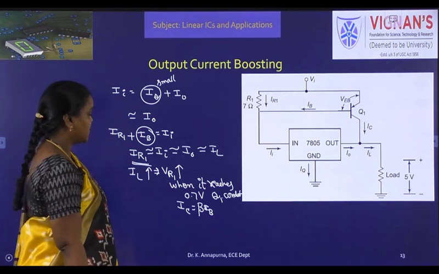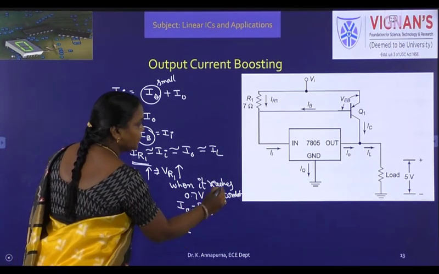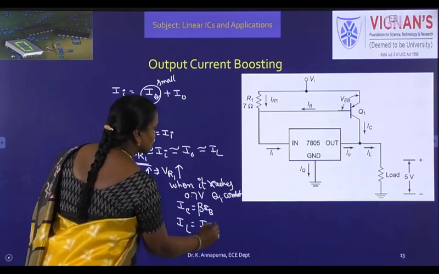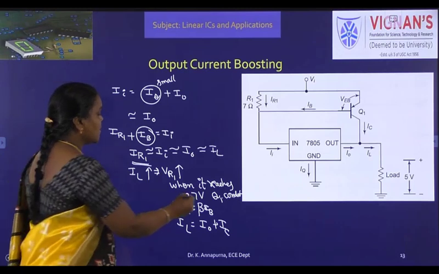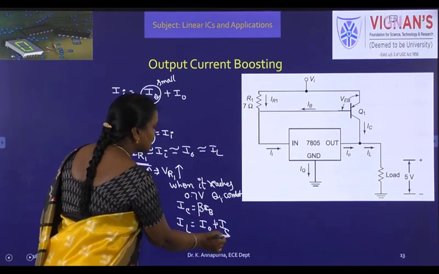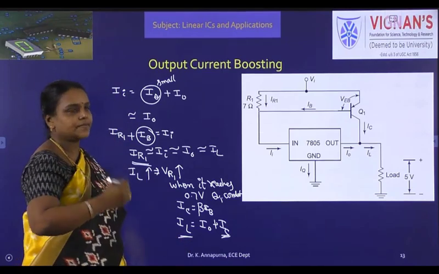Now what is IL? IL is equal to I naught plus IC. Initially IC was not there, but now IC, a very high value, is added. In this way the load current will be boosted.